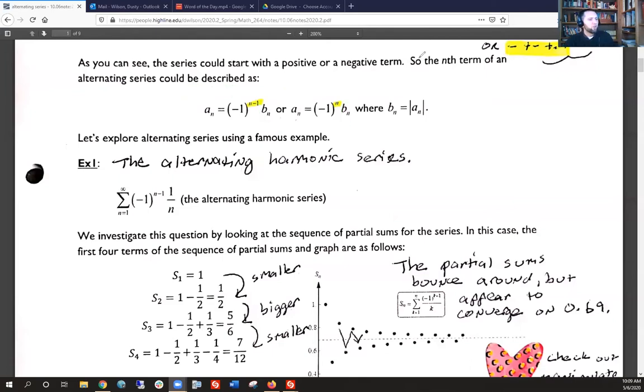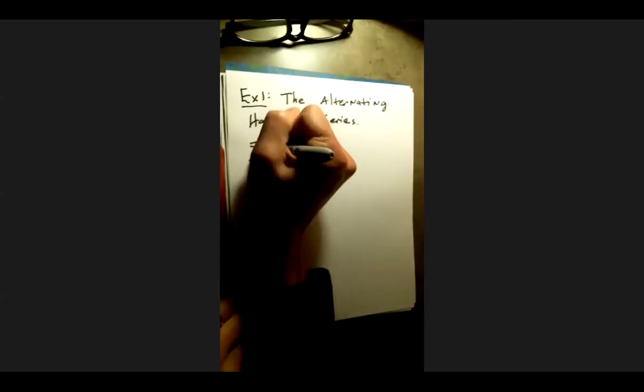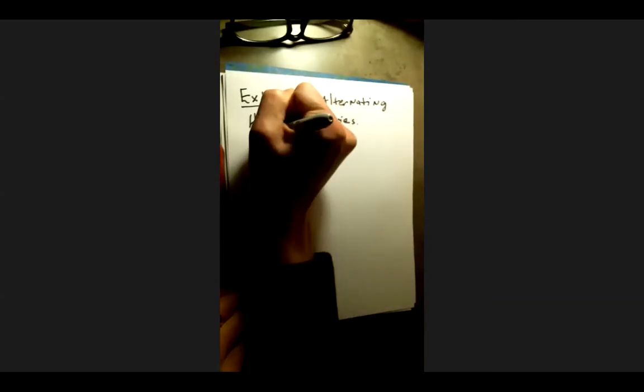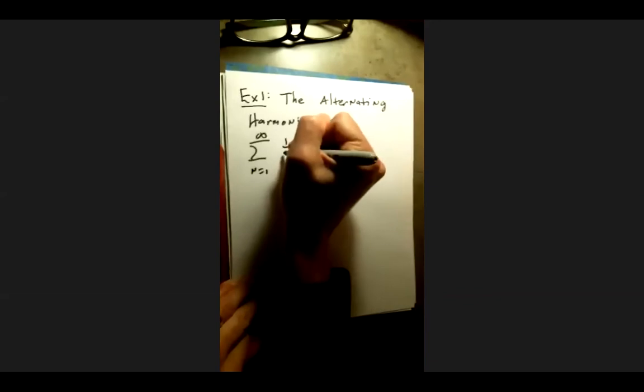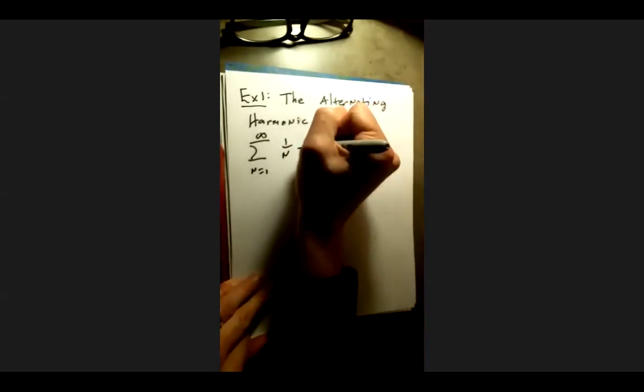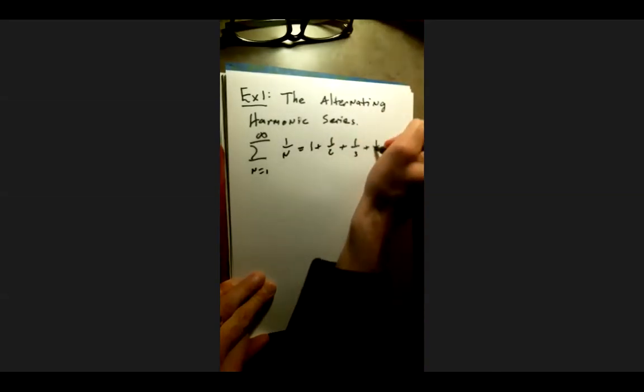So the next example I'd like to look at is what's called the alternating harmonic series. Let's switch over to our other camera. Do you remember the harmonic series? It was the sum from n equals 1 to infinity of 1 over n. So this would be 1 plus 1/2 plus 1/3 plus 1/4, et cetera.